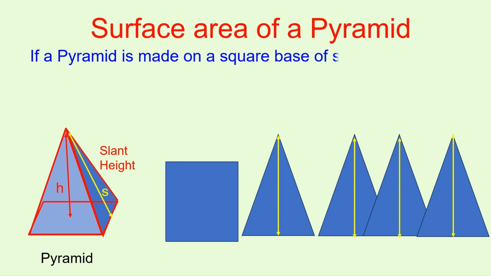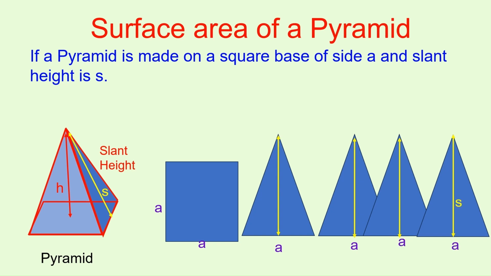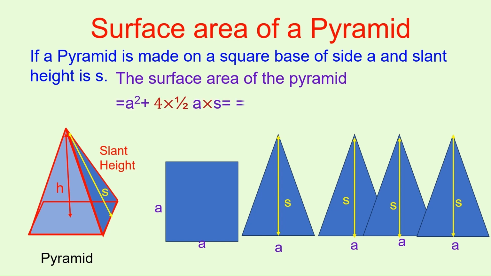If a pyramid is made on a square base of side A and slant height is S, the surface area of the pyramid equals A squared plus 4 times 1/2 times A times S equals A squared plus 1/2 times S times the perimeter of the base.